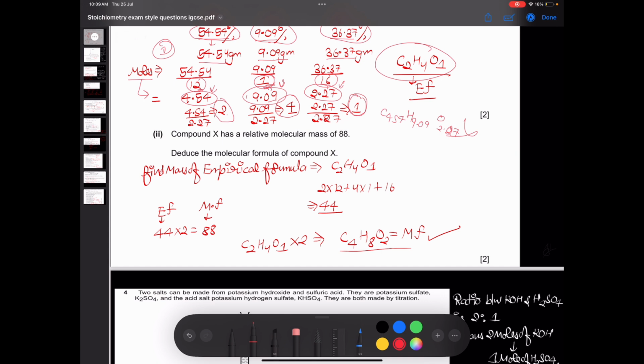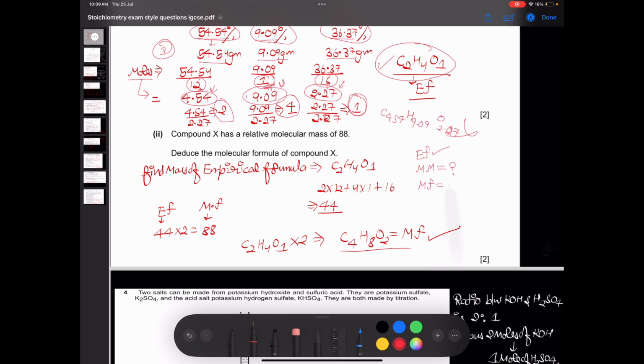Now, the second part of this, they're asking you that, alright, you have calculated the empirical formula. Now, we will give you the molecular mass. You tell us the molecular formula. So, the condition here is that you know the empirical formula and then you know the molecular mass.